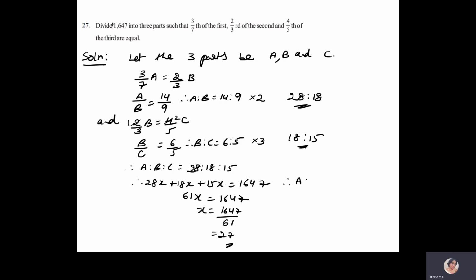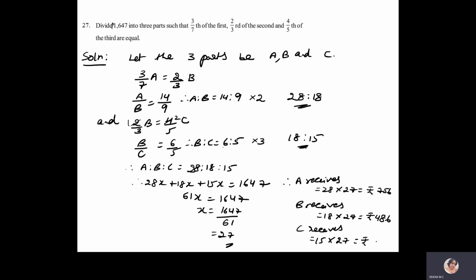So therefore, A receives 28 into 27, rupees 756. B receives 18 into 27, that is equal to rupees 486, and C receives 15 into 27, that is equal to rupees 405.